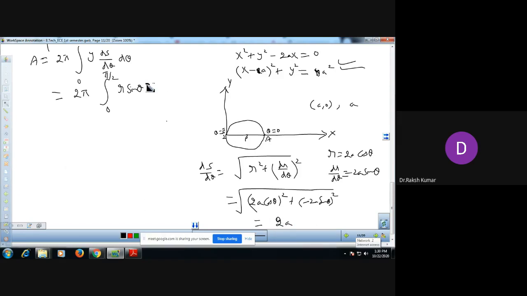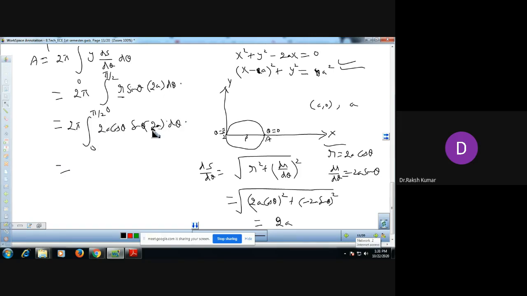And you can put the value, that is 2a into d theta. And now again 2 pi, use the value of r also. This is r, this is 2a cos theta into sin theta into 2a into d theta within the limits 0 to pi by 2.